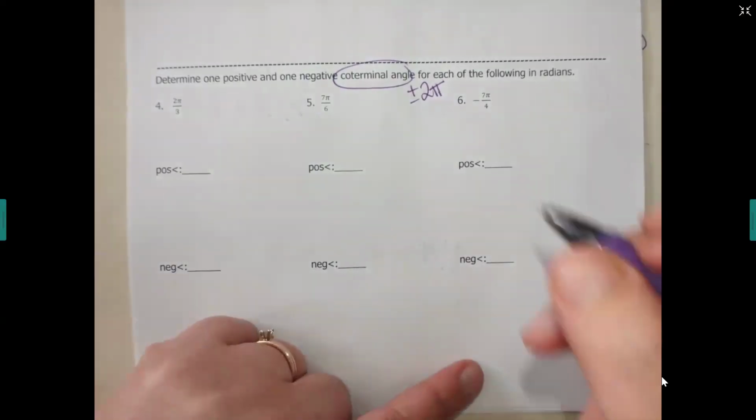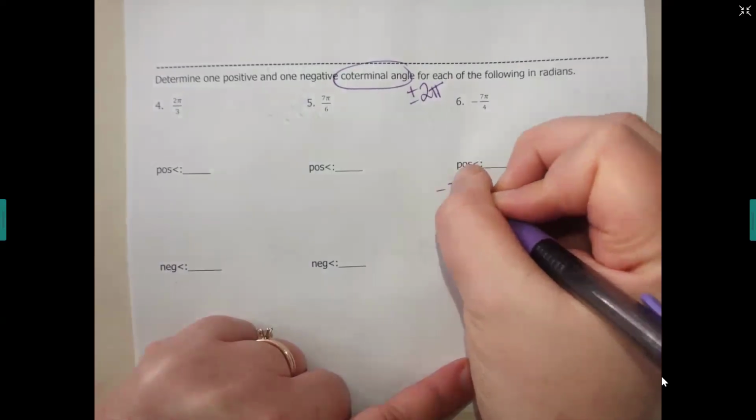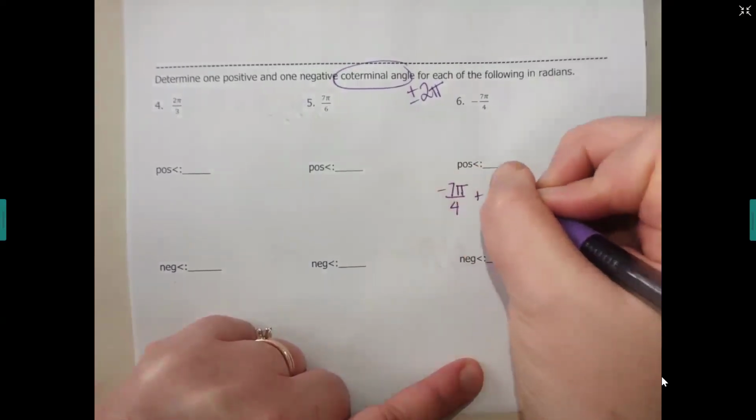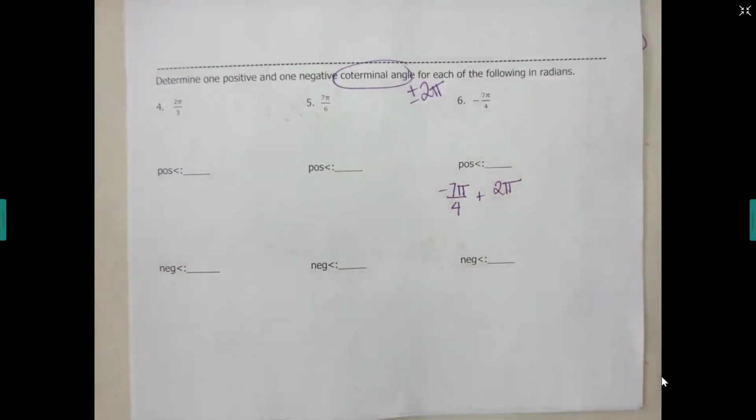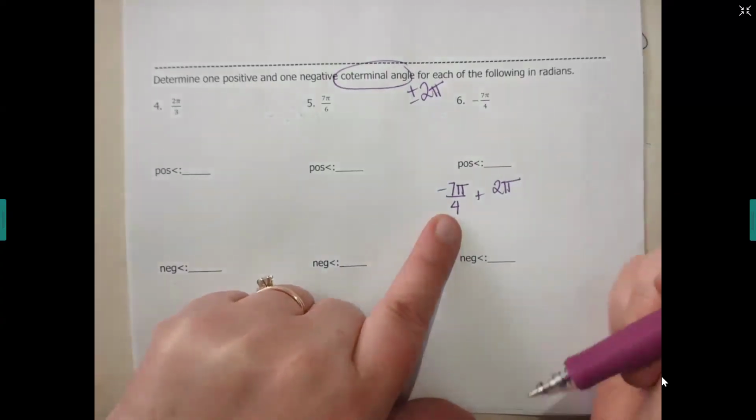So let's do number 6. We'll just do both parts. Start with the angle they gave you, negative 7 pi over 4, and we are going to add 2 pi to that. But then we notice that if one of them's a fraction, they have to both be fractions with a common denominator. So if this guy has a 4, this guy needs a 4.